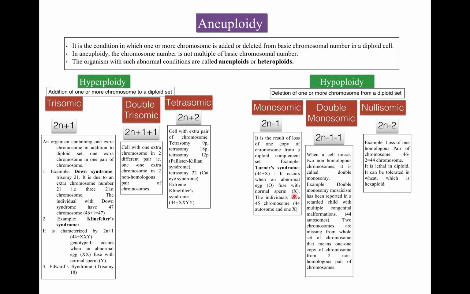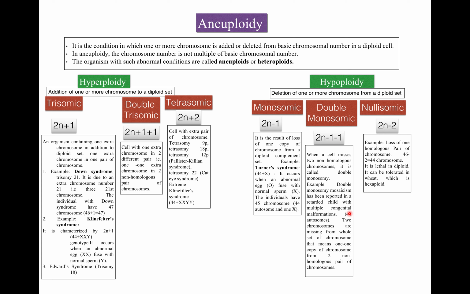It occurs when an abnormal egg without any sex chromosome fuses with a normal sperm carrying X, then it becomes XO plus 44 autosomes. So the individual will have 45 chromosomes, 44 autosomes and only one sex chromosome, that is 1 X instead of the whole pair of chromosomes. So it is a monosomy.